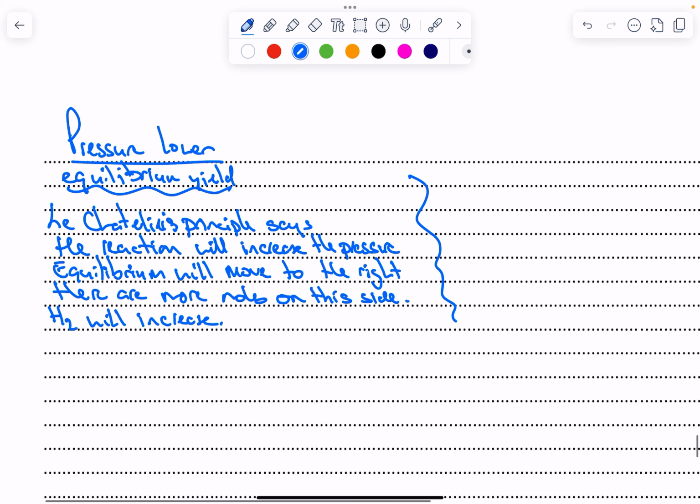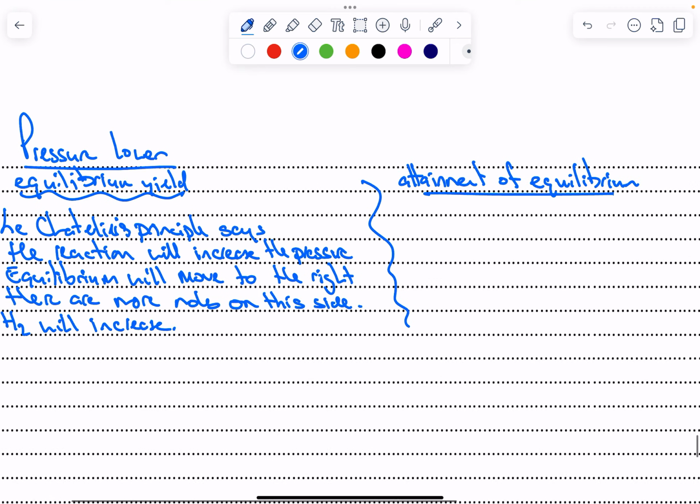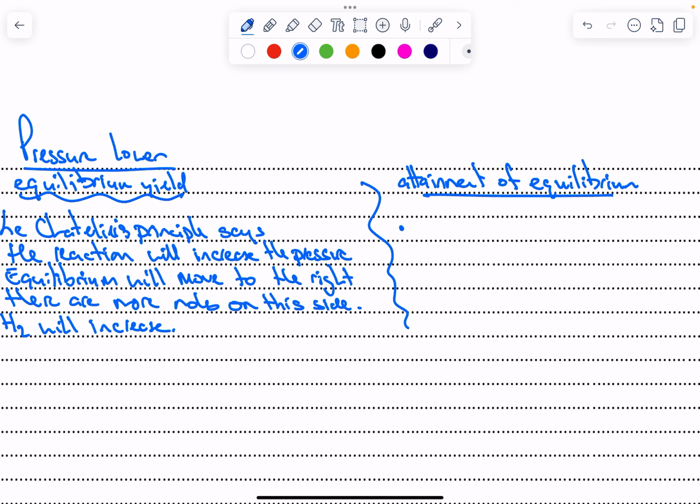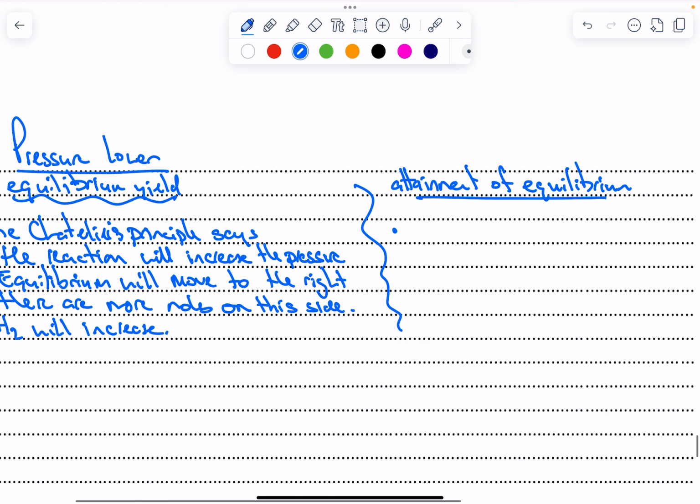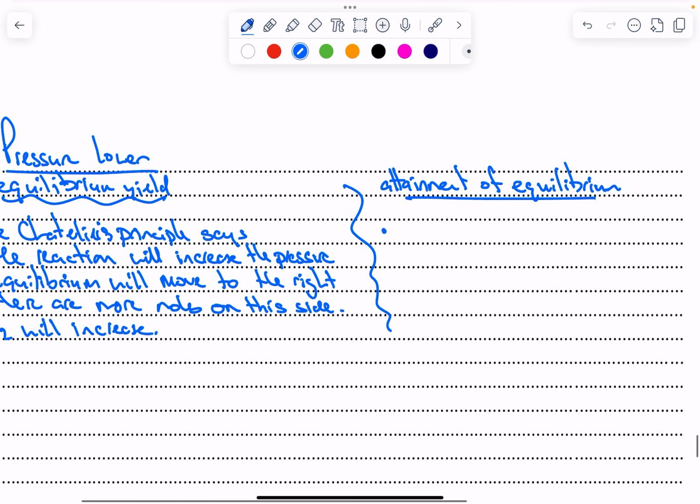If we then look at attainment of the equilibrium, and we have a lower pressure, that means there are going to be fewer collisions because the molecules are further apart.